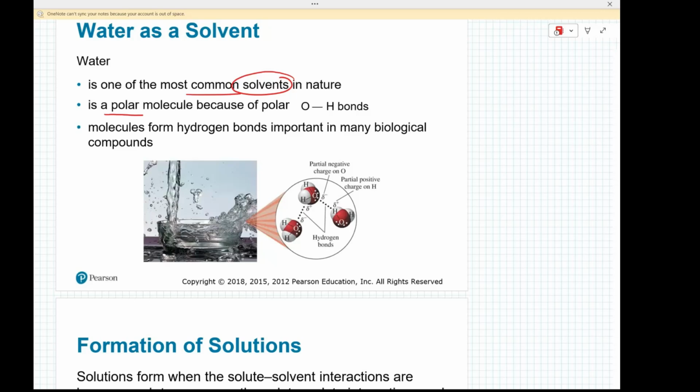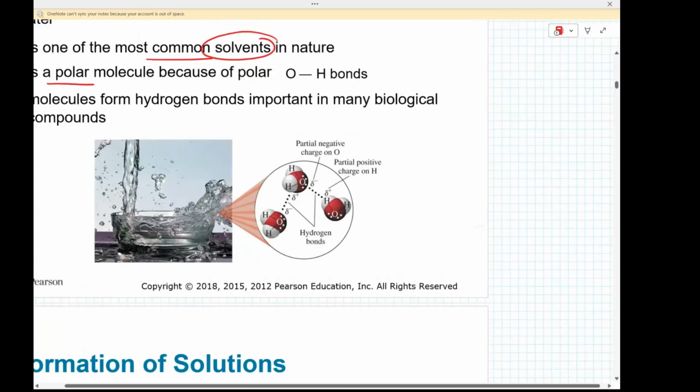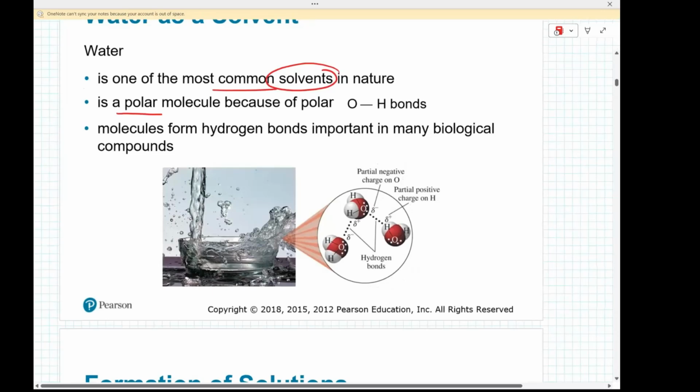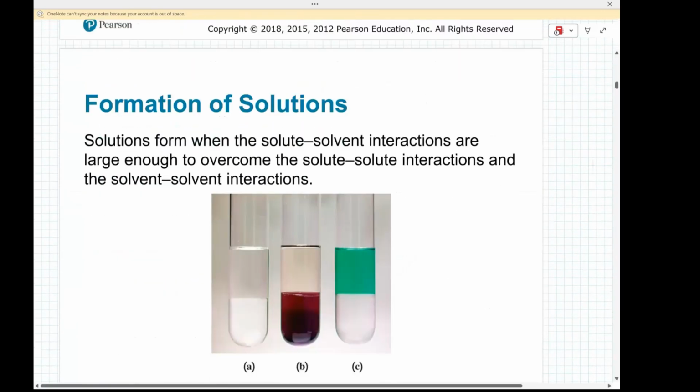Life, as we know it, is entirely water-based. The polar properties of water explain a lot of biological processes, how they occur, from transport to signaling to other stuff. Okay?